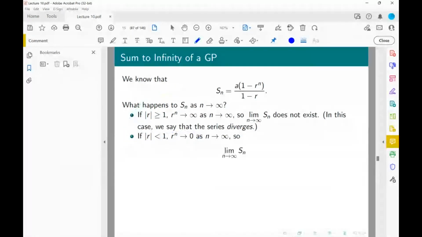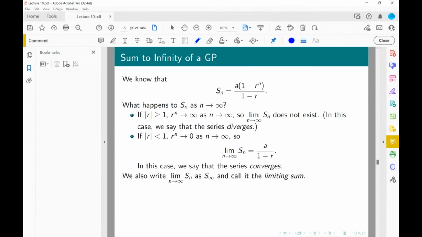So in this case, we can say that the limit of the Sn terms as n approaches infinity is a on 1 minus r, because this term tends to 0. Think back to our limit ideas. In this case, we say that the series converges, and we call this the limiting sum.